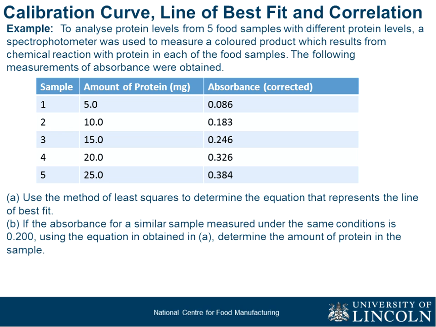And if the absorbance for a similar sample measured under the same condition is 0.200, use the equation you've obtained from A to determine the amount of protein in the sample. Now, let's solve this question together.